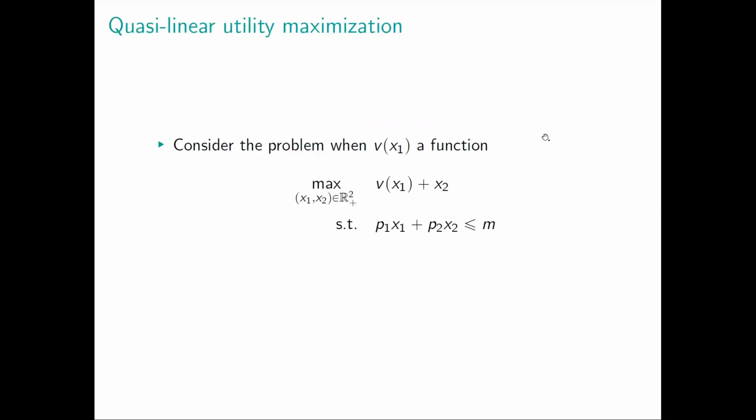So recall that quasi-linear utility maximization is when we have some function v(x1) where an individual wants to maximize the utility given by v(x1) plus x2 subject to the budget constraint here. So we'll normally make the assumption that v is increasing.